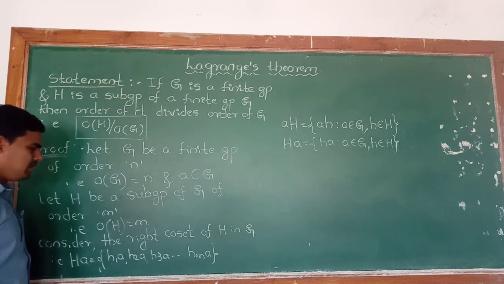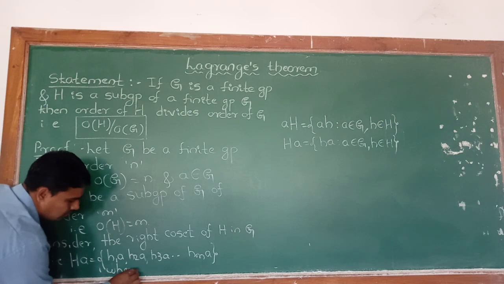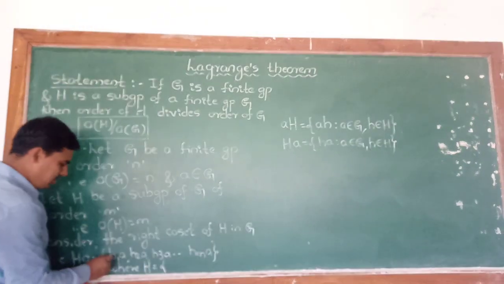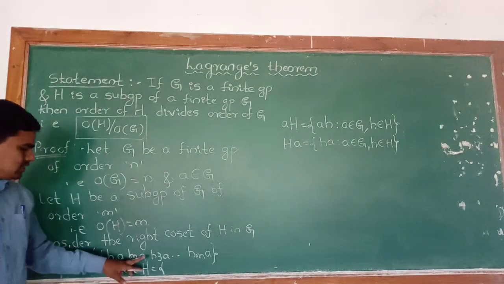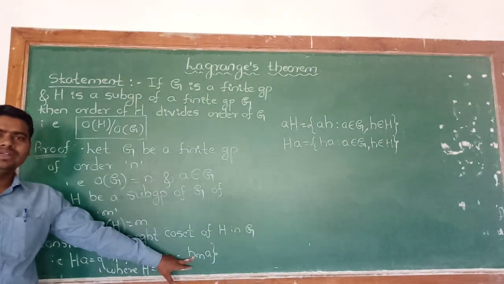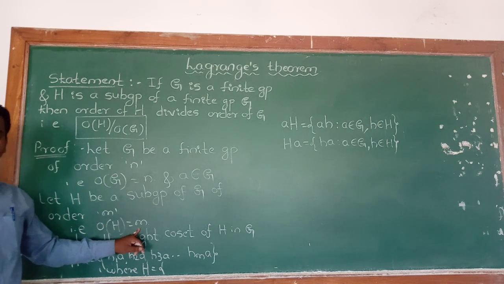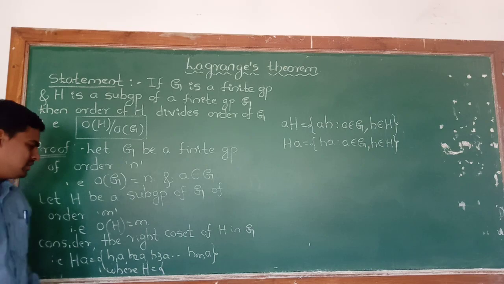where H is nothing but what? H is equal to the subgroup H that contains the elements h1, h2, h3, and so on, hm. These are all the elements belonging to H, because it contains m number of elements. Here in cosets also we have m number of elements.